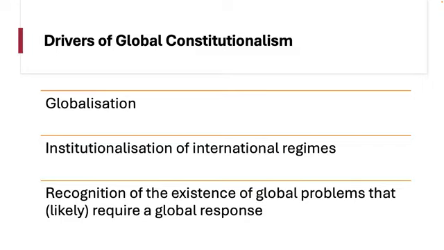You can also think about how human rights abuses begin to cross borders, or armed conflicts start to cross borders as well. And so one of the arguments driving global constitutionalism is that a purely state-centric legal regime is not sufficient to solve the problems that are most prevalent in the international community.